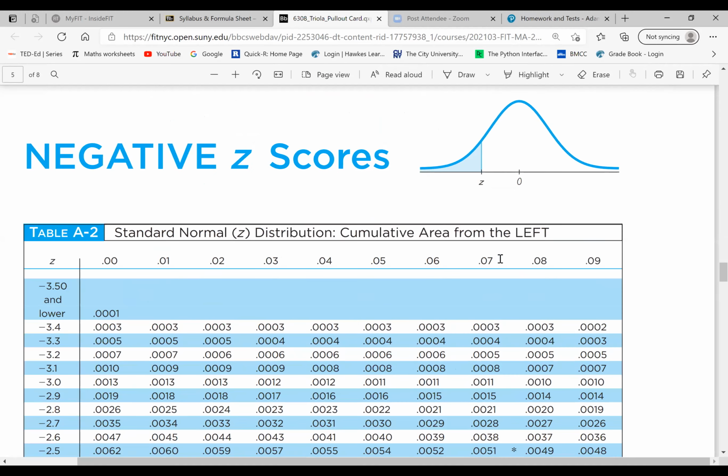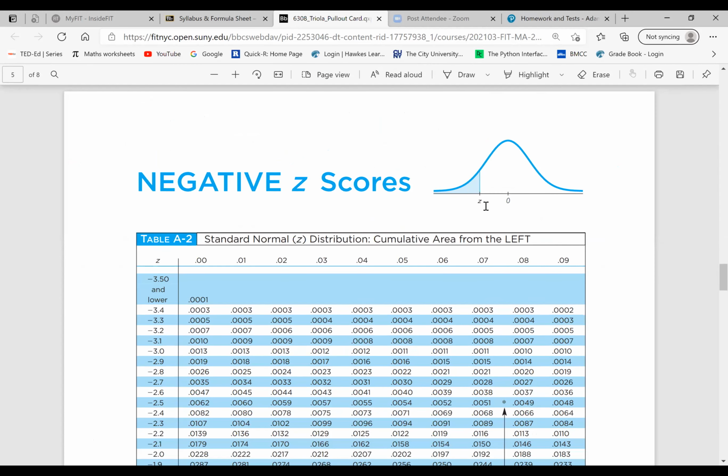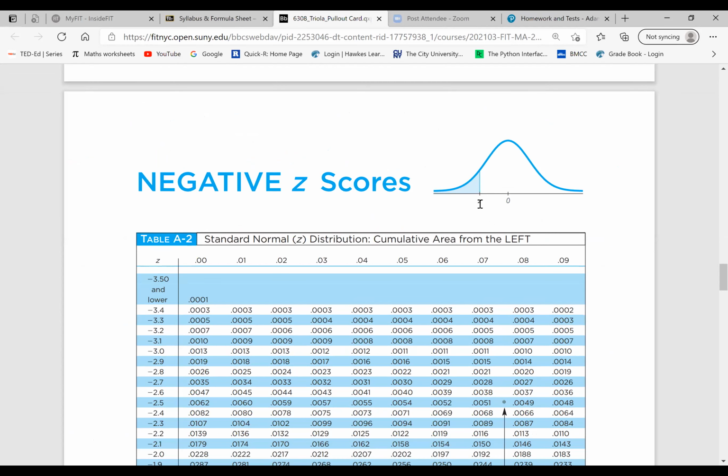In table A2, anytime you know the z-score, you'll be able to find the probability, or the area to the left-hand side of that corresponding z-score. For this temperature case, the z-score is 1.58. If you know the z-score 1.58, you'll be able to find the probability associated with the accumulation of all the area to the left of that z-score.